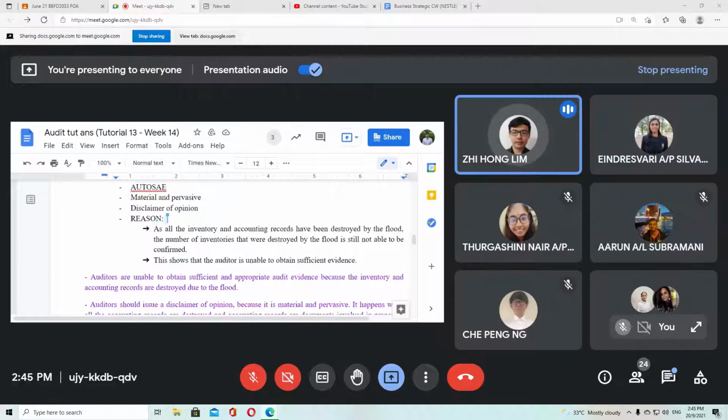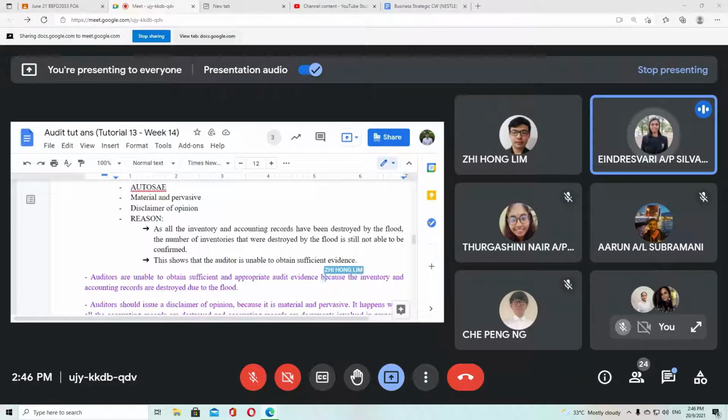So for the first one, it is auto say, and it is material and pervasive, and we use the disclaimer of opinion. This is because the inventory and accounting records have been destroyed by the flood, and the number of inventory destroyed by the flood is still not able to be confirmed, and this shows that the auditor is unable to obtain sufficient evidence.